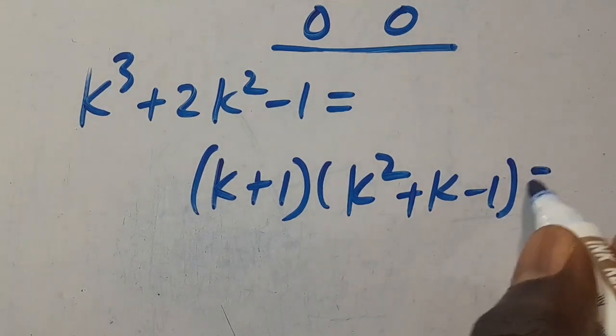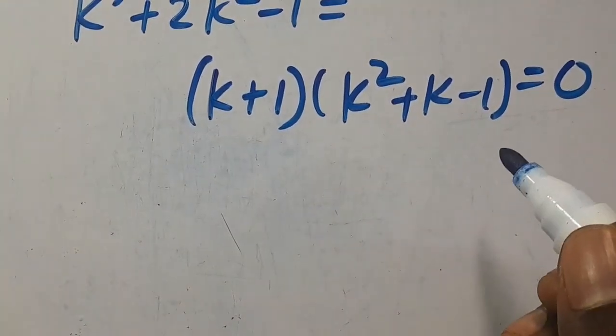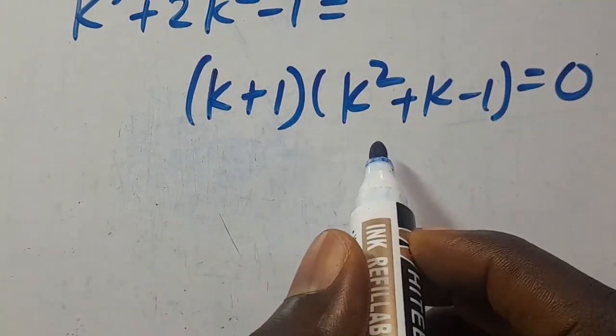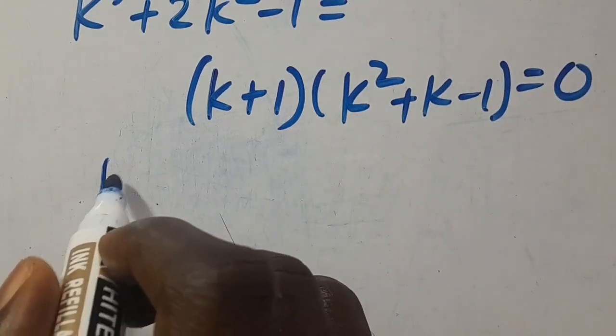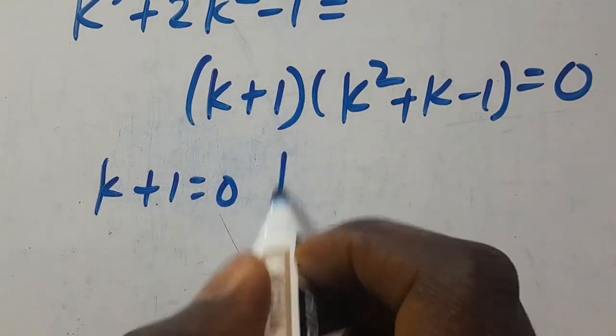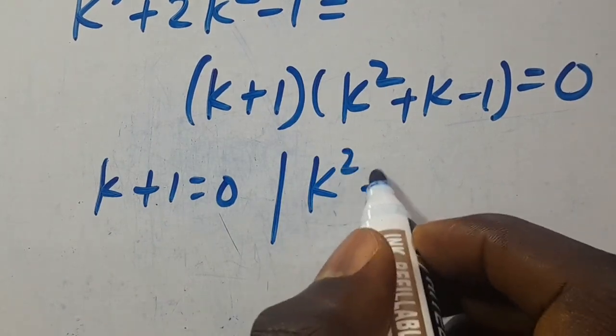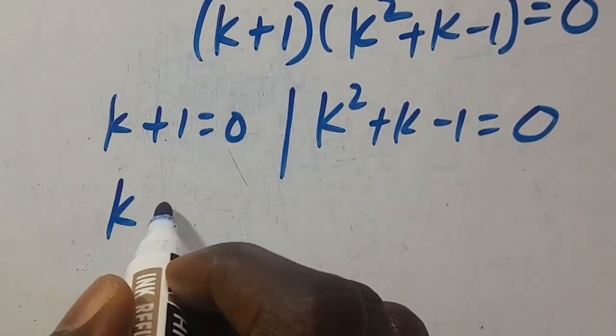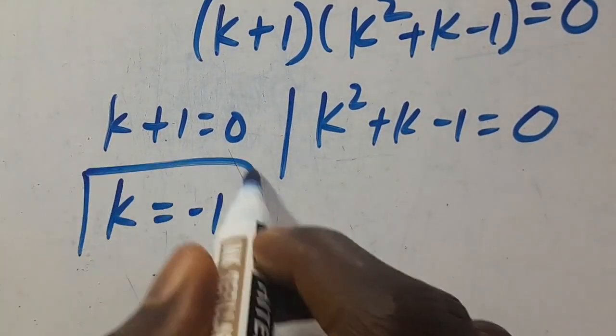But remember, everything equals 0. Now from here, we believe that we can get this using quadratic formula, as we are going to get k plus 1 equals 0, or we have k squared plus k minus 1 to be equal 0. Obviously, we've got this already to be k equals minus 1.